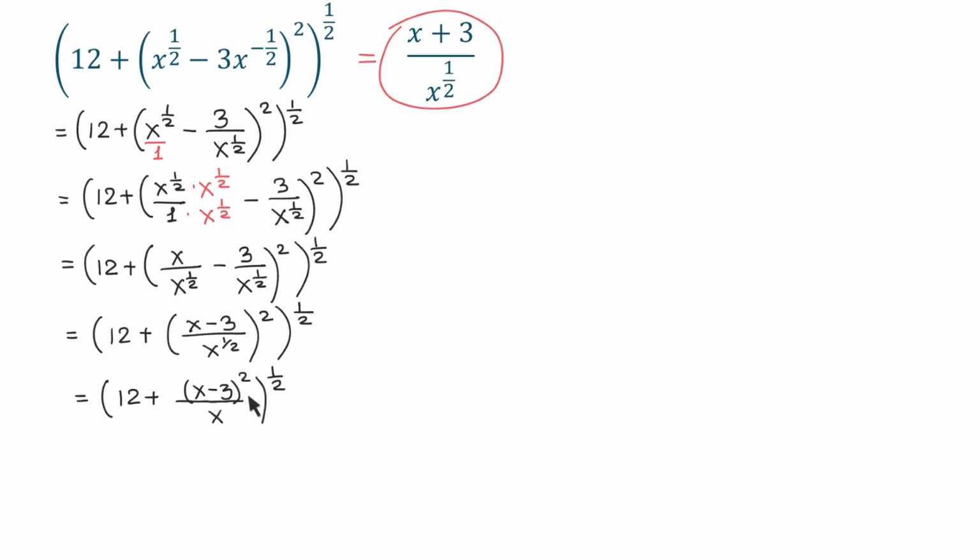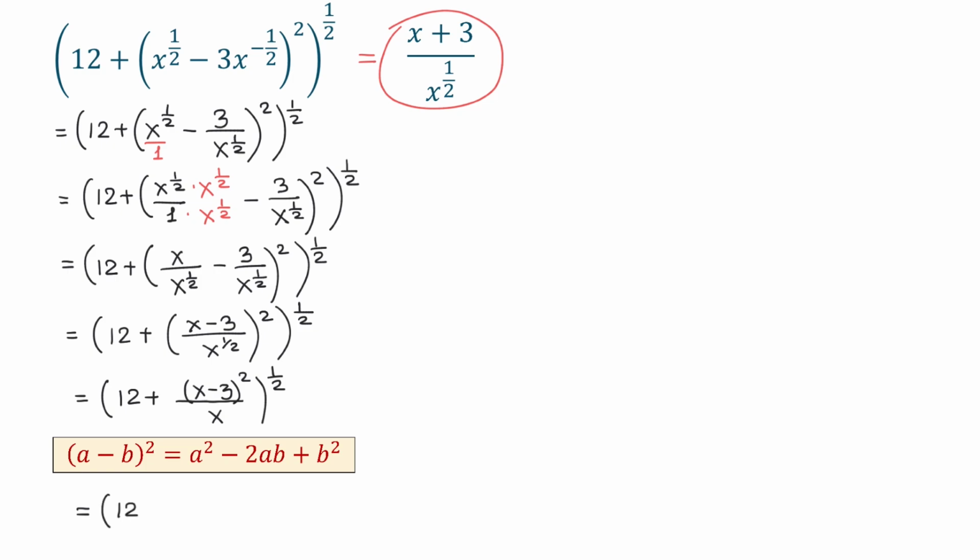Now here we have a binomial x minus 3 to the second power. Now to raise this binomial to the second power, we will use the formula a minus b squared equals a squared minus 2ab plus b squared. So let's bring down 12 plus, start a fraction.